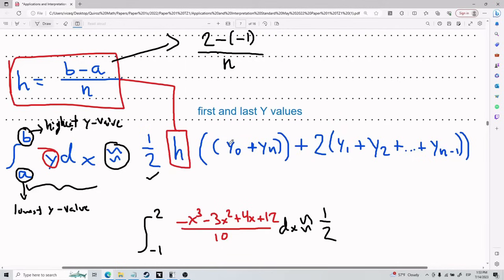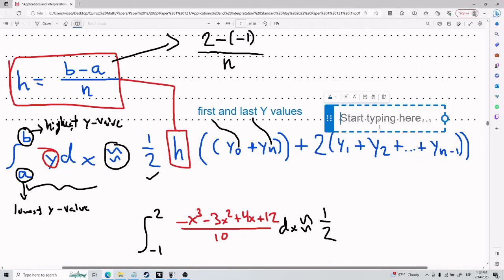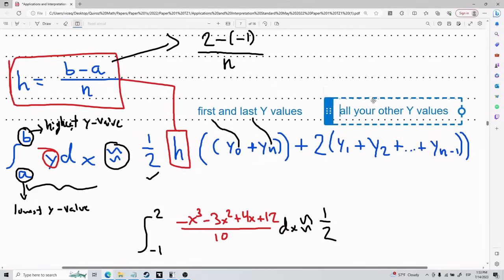That is why it's 0 for first and n for last, okay? And on the other side, you're going to have, quite literally, all your other y values, okay? So now that I put it like that, it's probably a lot easier to figure out.